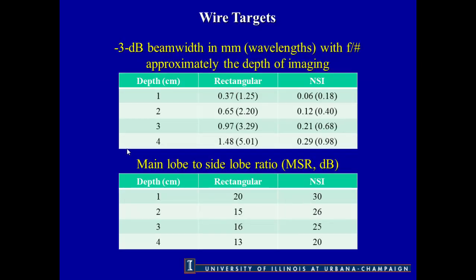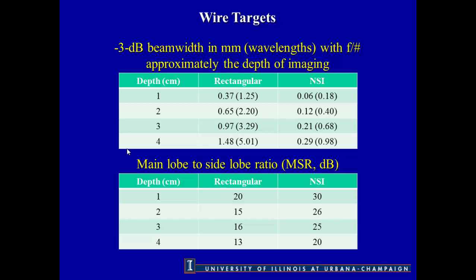But if we just look by the numbers here, look at the minus 3 dB beam width in millimeters or in terms of wavelength for the rectangular, you're looking at wavelengths here, it's approximately the F number, so 1 wavelength, 2 wavelengths, 3.29 wavelengths. Here at 4, we get 5. If you look at the NSI beam width, we're getting a factor of 5 to 6 on each one of these depths.